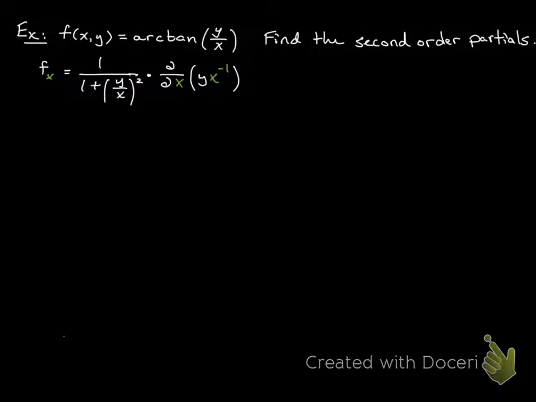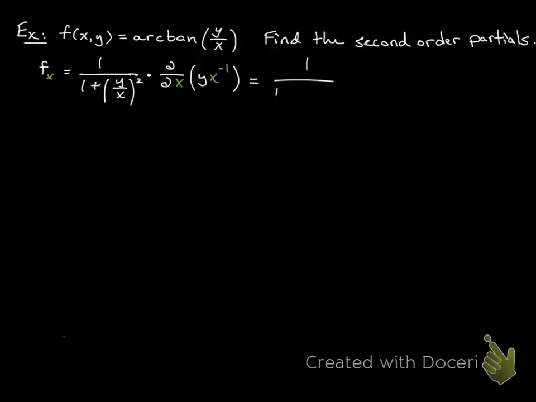So anytime I'm actually taking a derivative or a partial of x, that should show up in green. Okay, so this chain rule, because there's an x in the argument of arctangent, I have chain rule here, and the partial derivative of y times x to the negative first, I treat that like a normal derivative with respect to x. Okay, y is a constant.